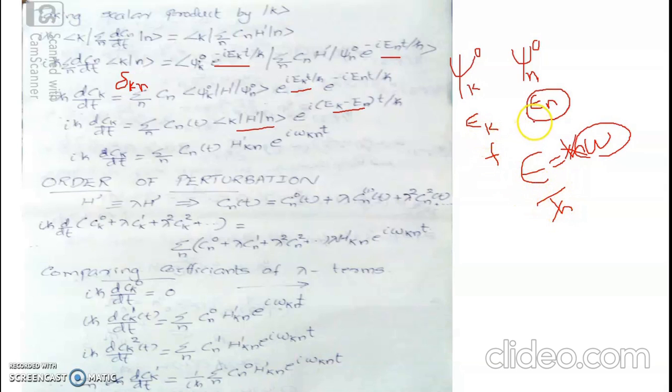So Ek minus En divided by h cross is the term involved in this equation.